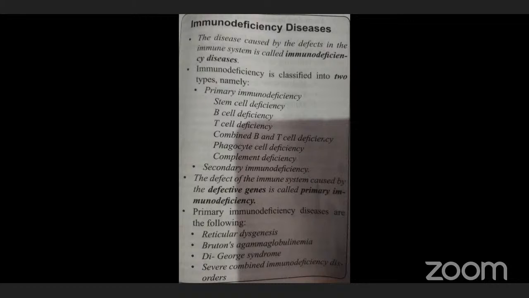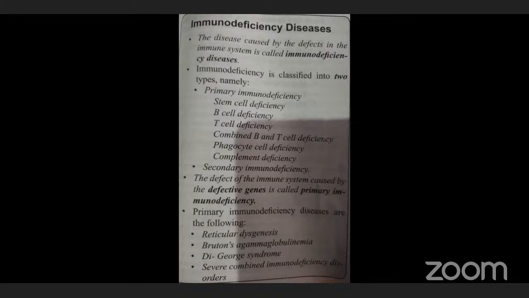Those are the important diseases caused by primary immunodeficiency. For example, reticular dysgenesis is a primary immunodeficiency also caused by a defective gene. Here, the defective gene causes a stem cell deficiency.